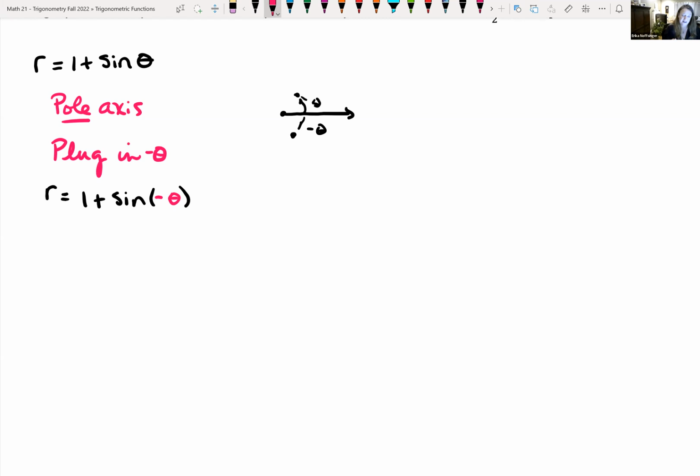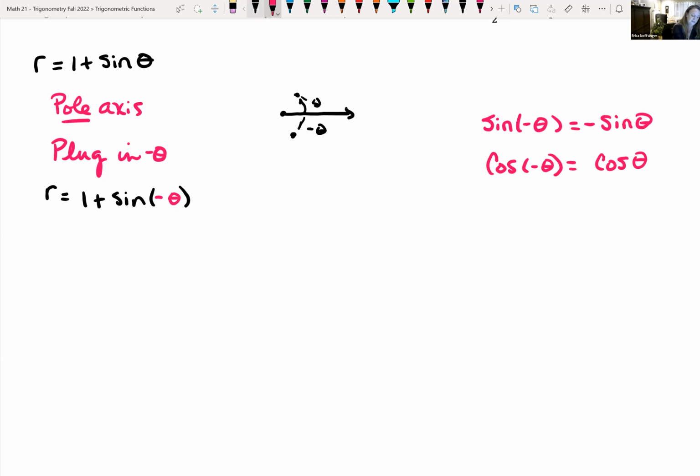Well, sine is an odd function. And so sine of negative theta is equal to negative sine of theta. Recall that cosine, just because we're probably going to need it, is an even function, so cosine of negative theta is cosine of theta.